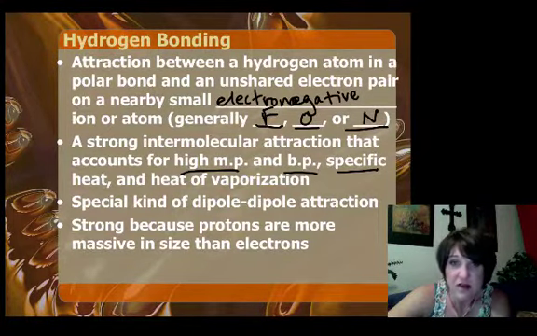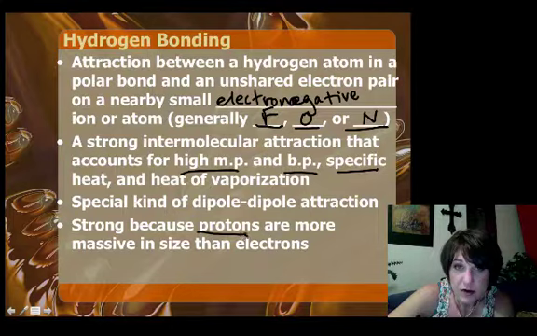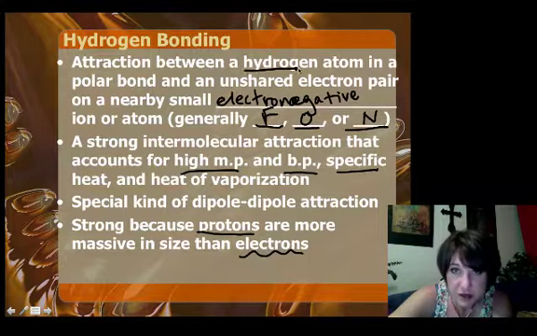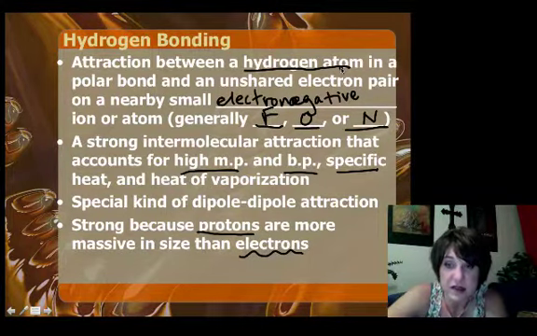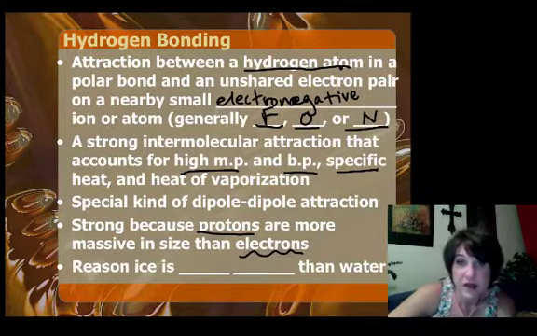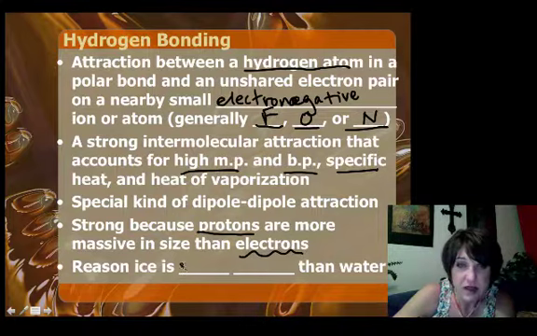It's strong because a proton, right, a proton is so much more massive in size than the electrons that we were looking at before. Protons in the hydrogen atom, for a polar bond, is going to be very strongly attracted towards unshared electron pairs. This is also one of the ways we account for the fact that ice is less dense than liquid water because of hydrogen bonding.